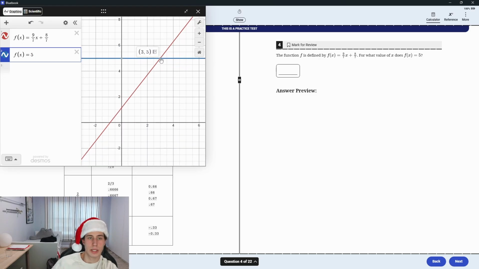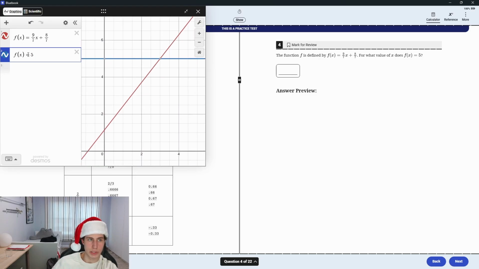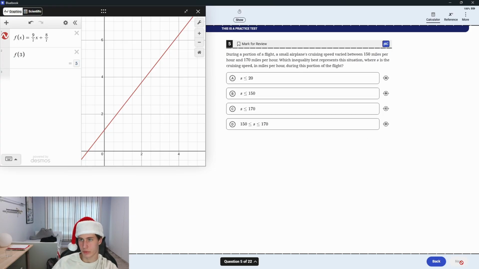So we can put in f of x equals 5 and see where they intersect. So in this case at 3. So when x is 3, y is 5. So what is f of 3? In this case, f of 3 is 5. So that is correct. For what value of x? X is 3 when y is 5, so that's our answer.